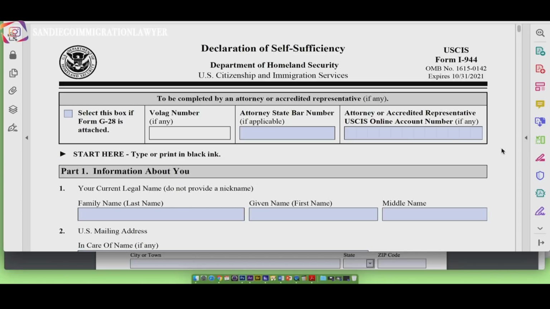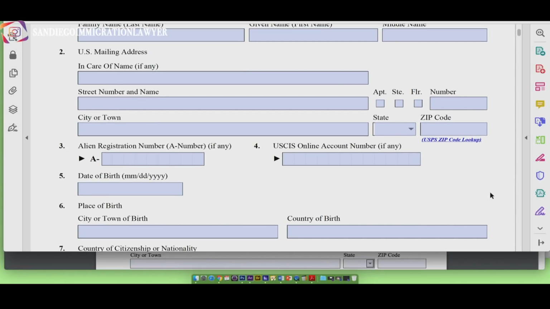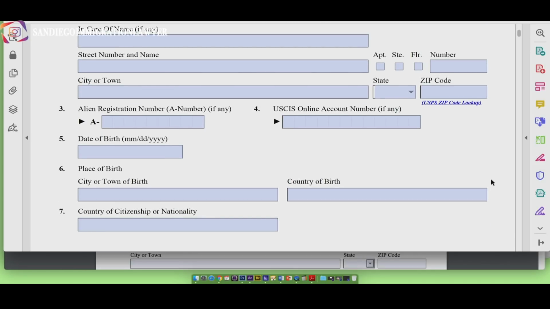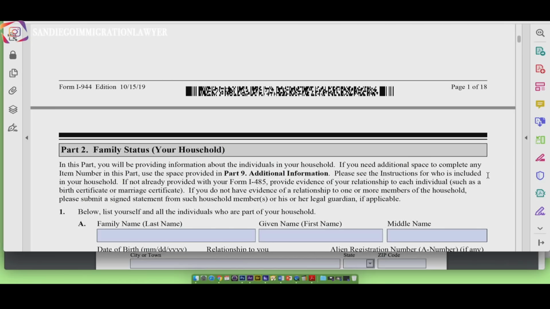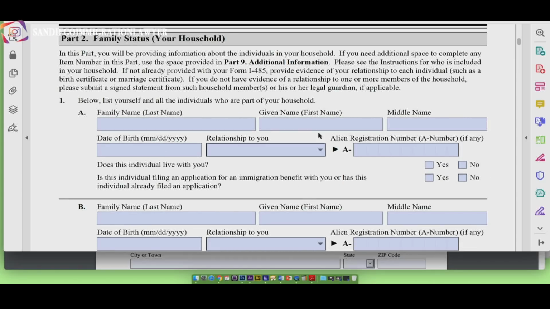The basics on page 1 are basic information with your name, your address, your alien registration number if you have one, and date of birth and your location of birth, your country of nationality or citizenship. On page 2, and by the way, here on this form, you are the applicant for the adjustment of status, and so you are also the person who will be completing this application.